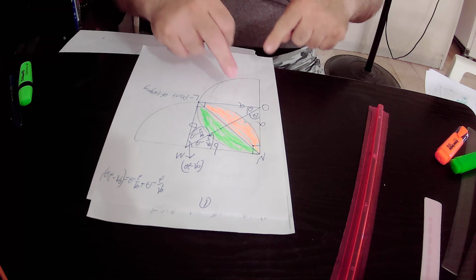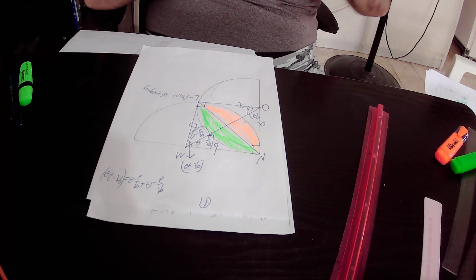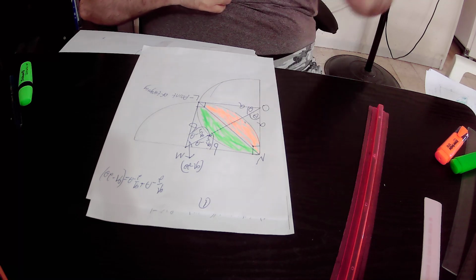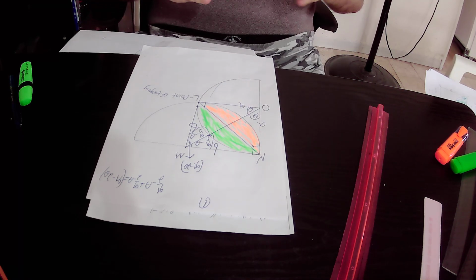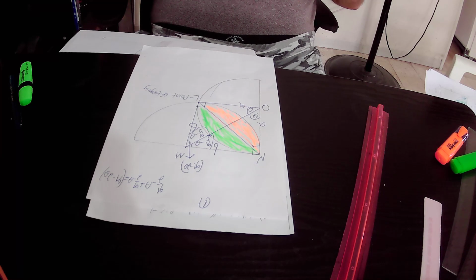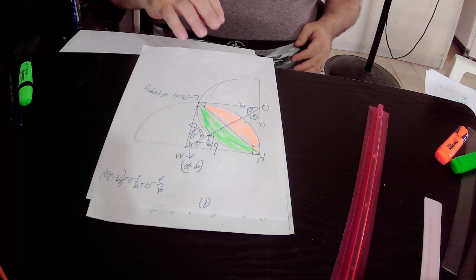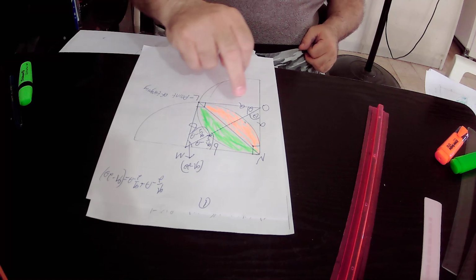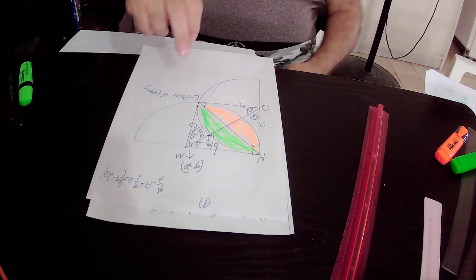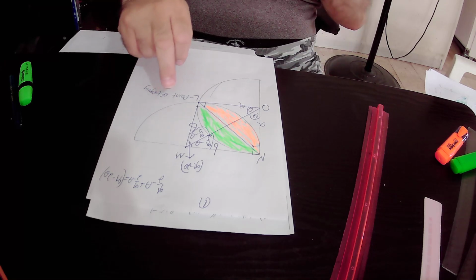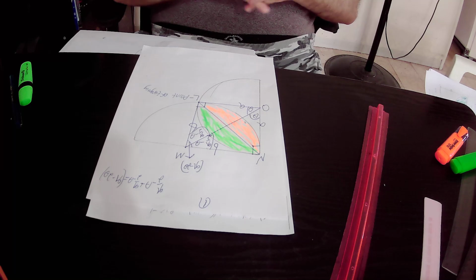Why? Because those two semicircles are perpendicular to each other. This again equals 90 degrees. So we can use the formula to find out the area of the big lens and the area of the blue lens. So here we know that the radius of this semicircle equals A units in its length, while the radius of this semicircle equals B units in its length.